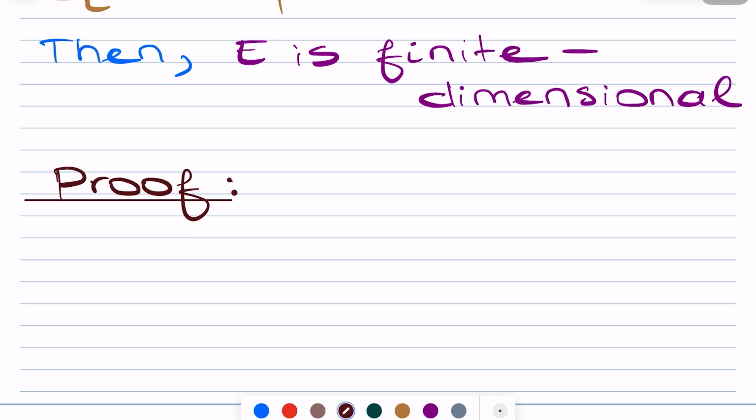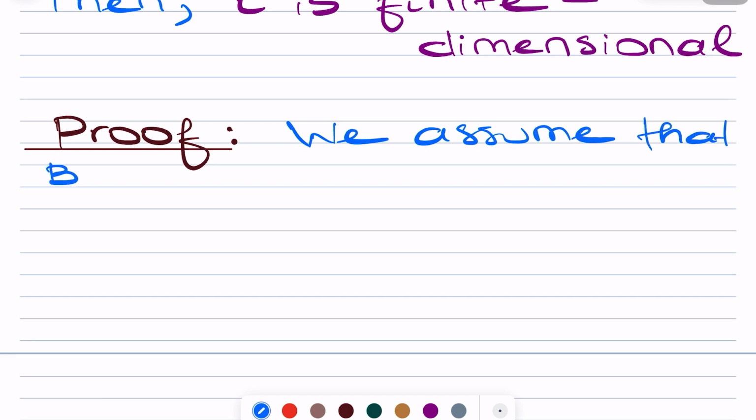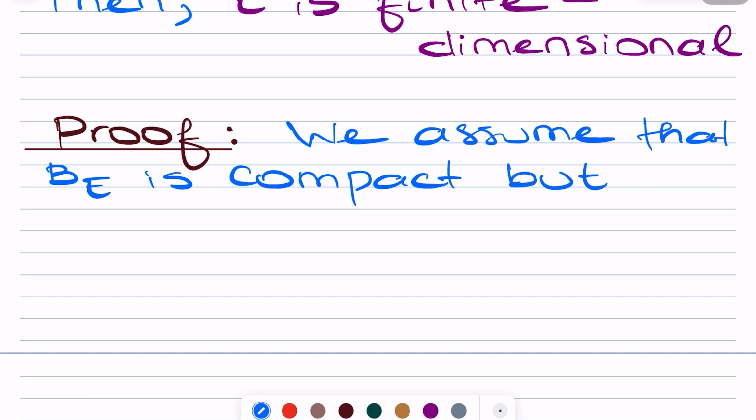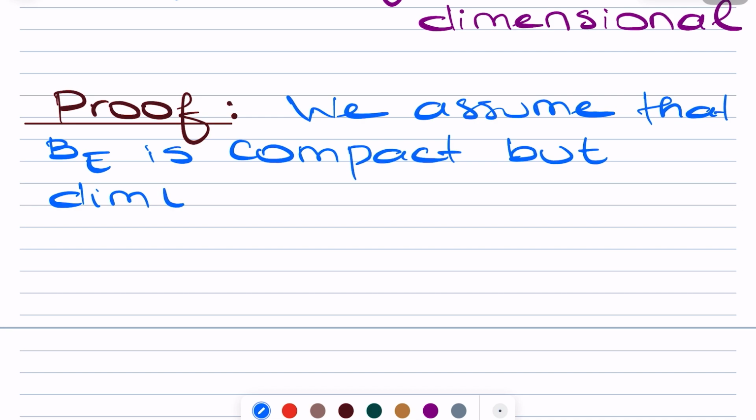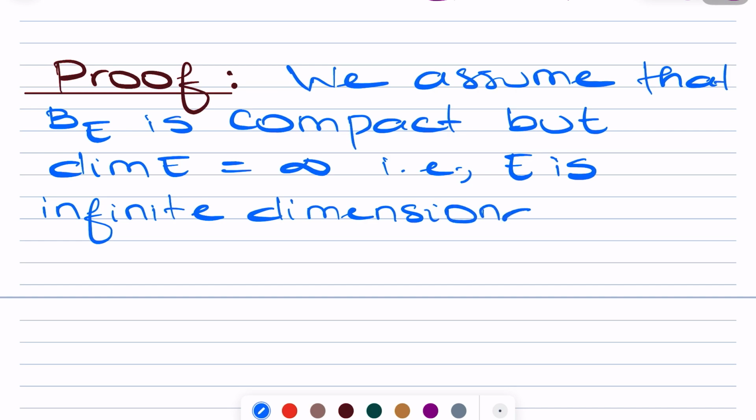Well, the proof is, I mean, you proceed by contradiction. So we assume that the closed unit ball in E is compact, but E is infinite dimensional.